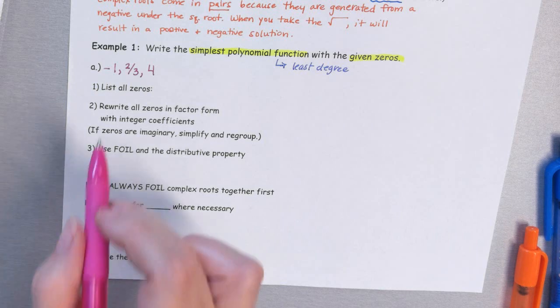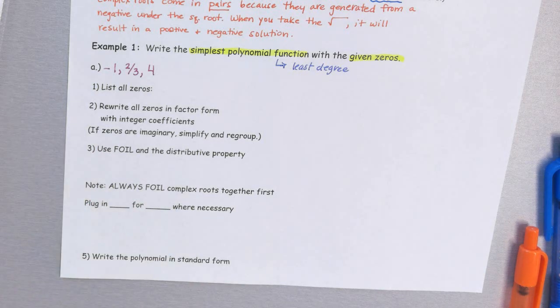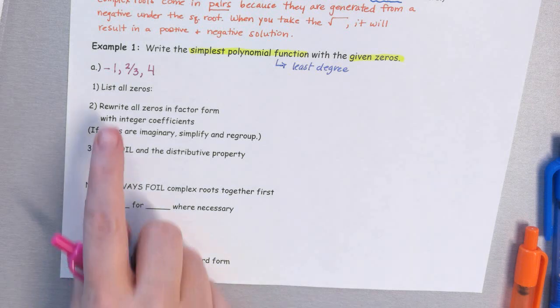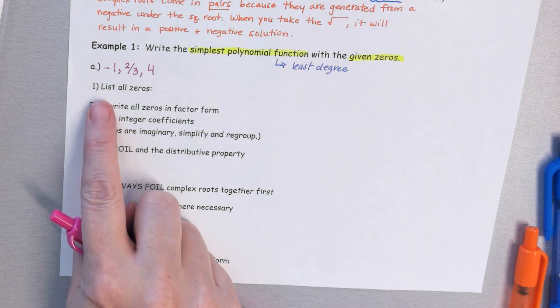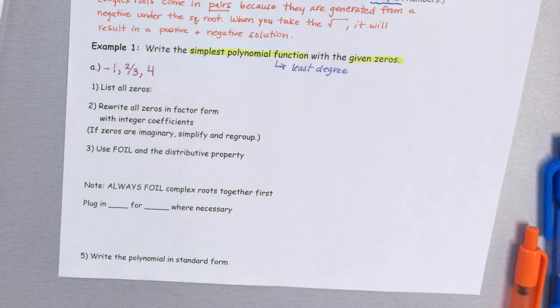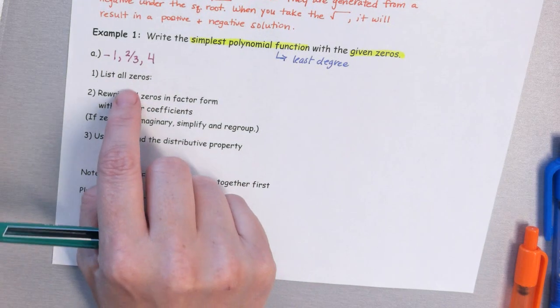Okay, I wrote out these steps so you could use them for any type of zeros that you have. Some of these steps are not going to be in the first one. In number 1, where you're listing all the zeros, the main thing you have to look out for are roots that are complex or irrational, but we don't have any of those.